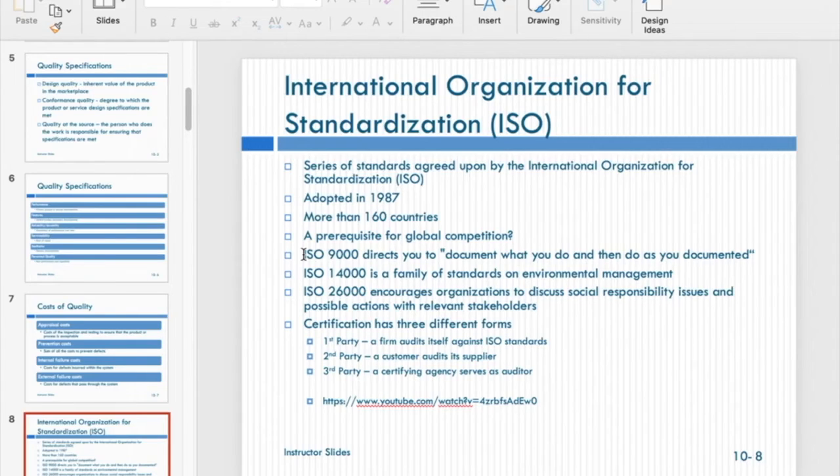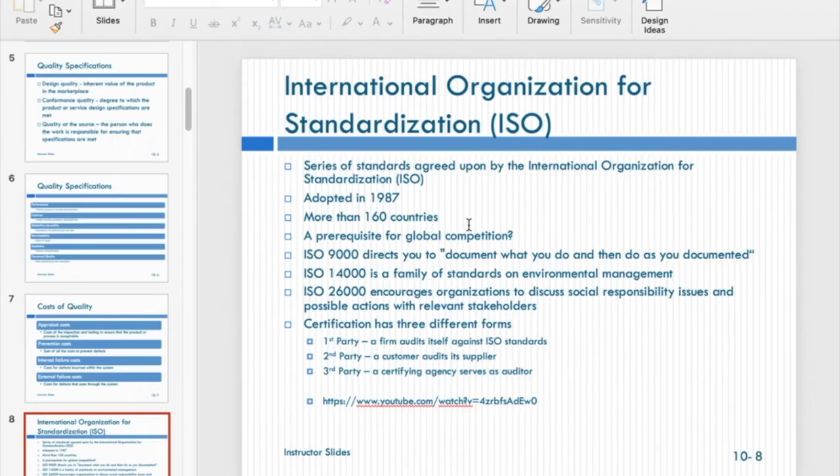Let me ask you a question. Why did it start from 1987? More and more countries, firms, and industries were starting to consider having a consistent criteria for their own.